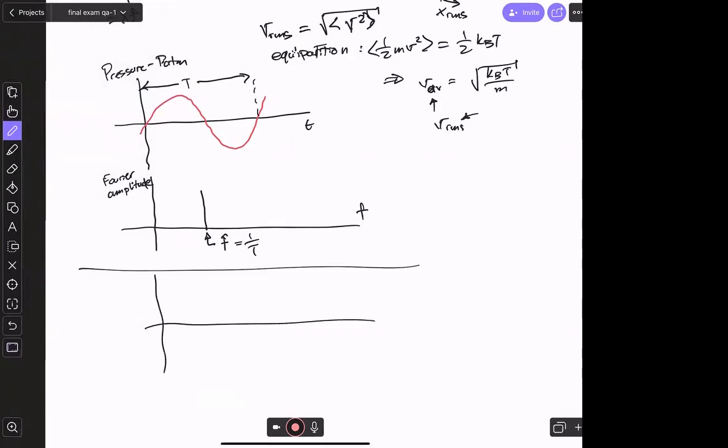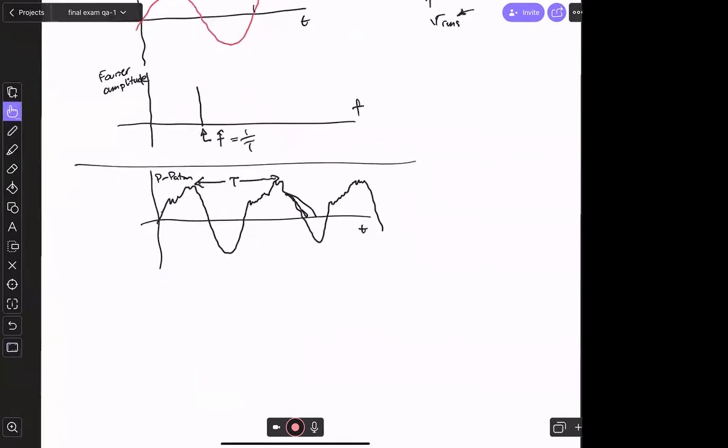On the other hand, if you had a more complicated wave, so let's say pressure minus the atmospheric pressure versus time was some more complicated thing like this, but still repetitive. So this is meant to be having this exact same wiggles over and over. There's still some fundamental period, T, but there's additional structure.